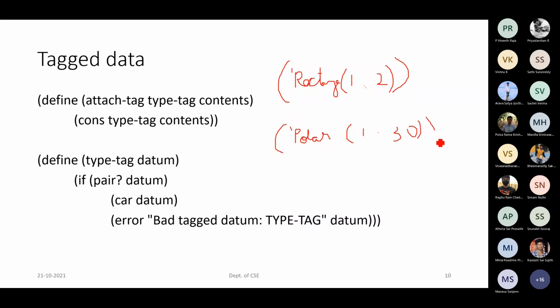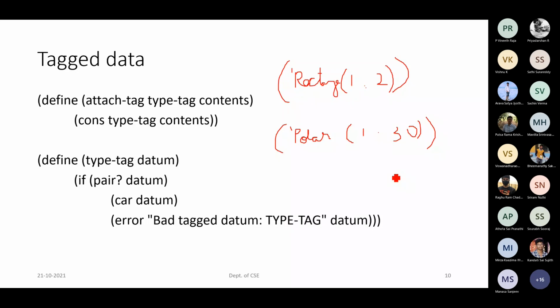So it will be like this. You are giving a tag to it, saying in front of that content what type of content it is. That is what we call tagged data.